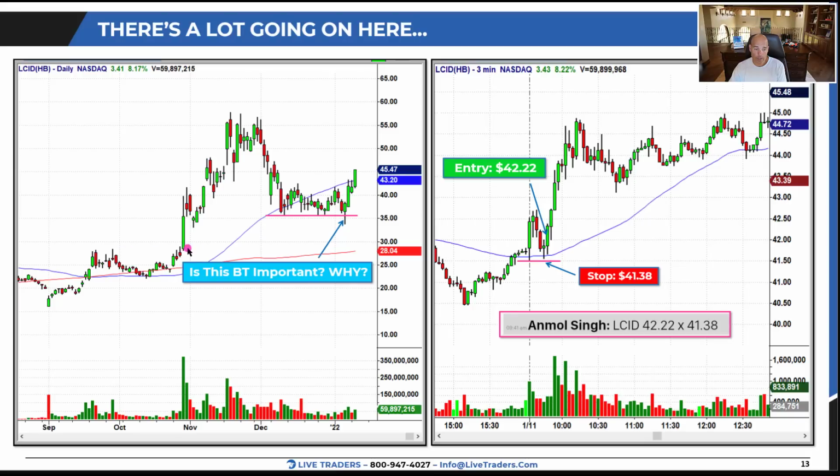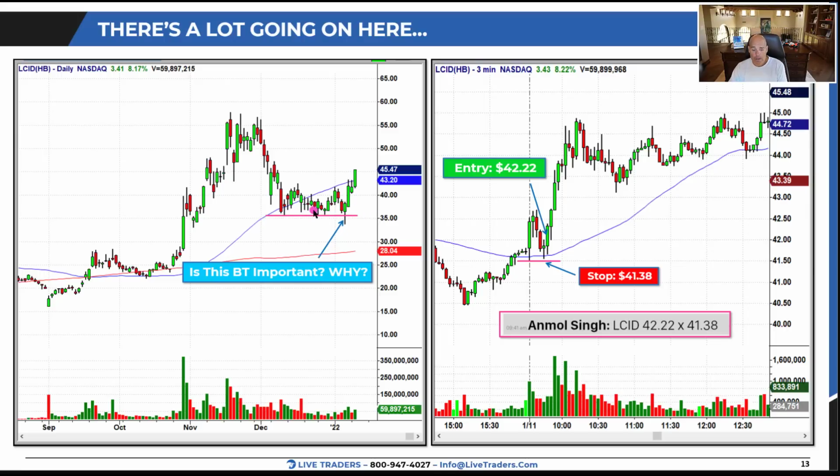It broke out over here in October, November, moved up, got choppy, pulled back. But if you see this pink line, we are below the moving average. Okay? There is a little pivot over here, right? A little pivot there. But the stock has been holding this area just above 35 pretty well, right?